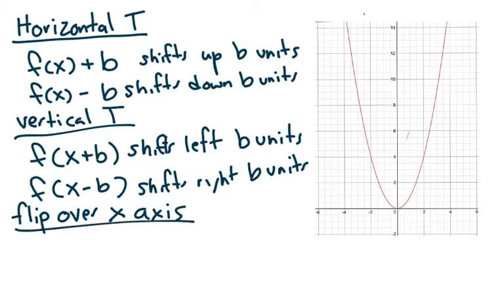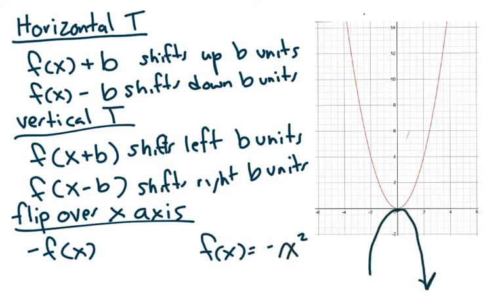Okay, so if we wanted this thing to flip over the x-axis, we would tack a negative 1 onto the function, okay? So an example of this would be f of x is equal to negative x squared. And what that would do, it would flip it over the x-axis, so it would look like this.